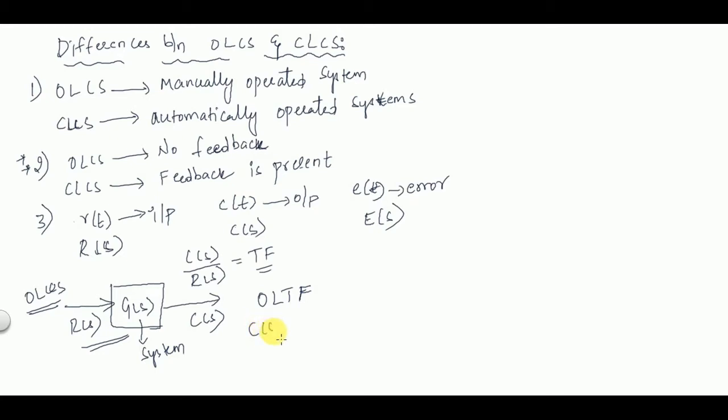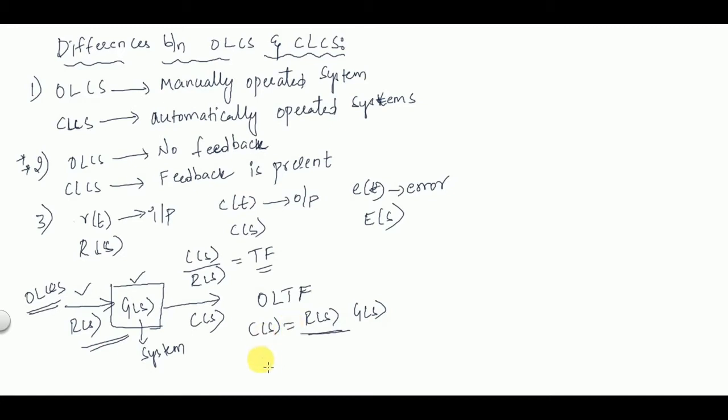So C of s is always equal to R of s into G of s, because we know that the output is always equal to the convolution of input and system. So from the property of Laplace transform, convolution in time domain is equal to multiplication of their transforms in Laplace domain.